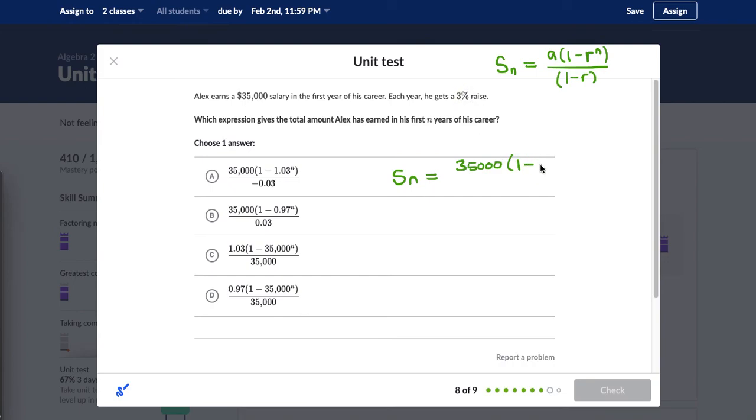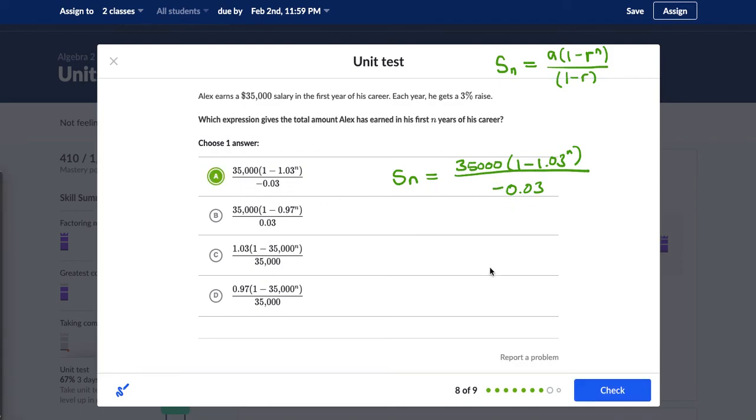So we're looking at 1.03 to the n, and you'll see your negative 0.03 here. Okay, so 1 minus this rate 1.03. When you subtract 1.03 from 1, that's what you're going to get here. So we're looking at this first option right here.